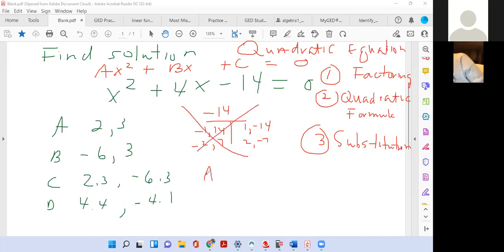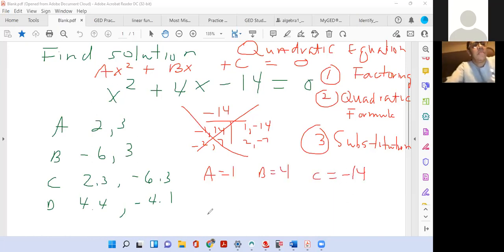The second way is identifying the coefficients: A equals 1, B equals 4, and C equals negative 14. And then we could take those values and plug them into what's called the quadratic formula.